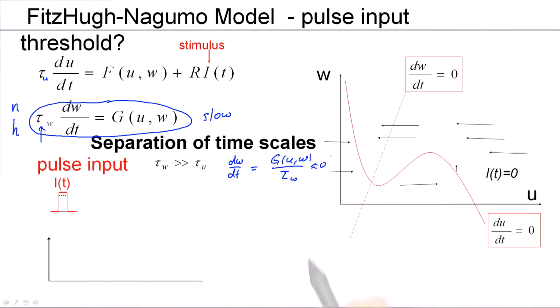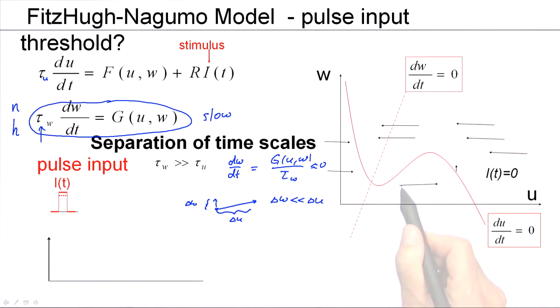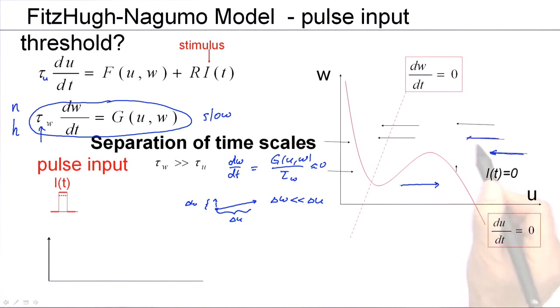That means if I construct a typical flow arrow, which would have two components, a component delta W and a component delta U, then normally the delta W is much smaller than the delta U, and that means that flow arrows are nearly horizontal. Wherever I am, flow arrows are nearly horizontal.